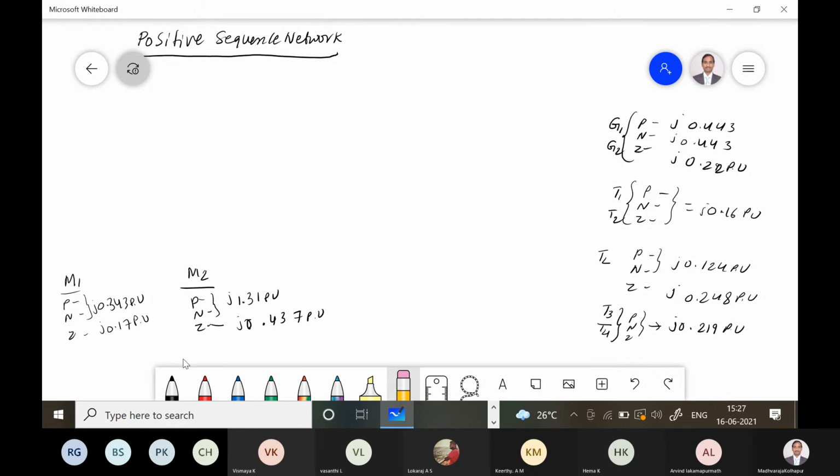So once again I will write the positive sequence network. First you take a reference line. There is a reference bus. Generator 1 is EG1, positive, negative, and generator reactance.